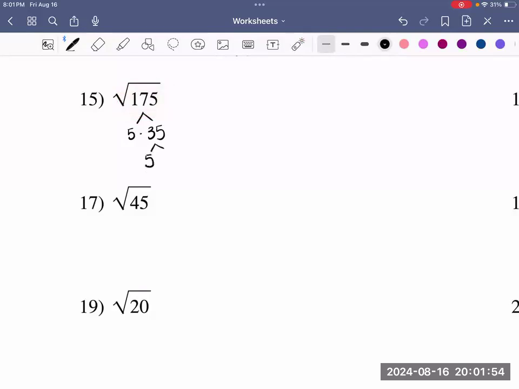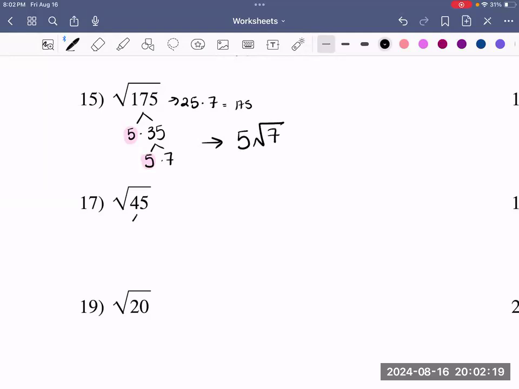Well, 35 is 5 times 7. So right there, you already have your pair. So it must be that 25 times 7 is equal to 175, which it is. But you don't need that. You just need to look for the pair.